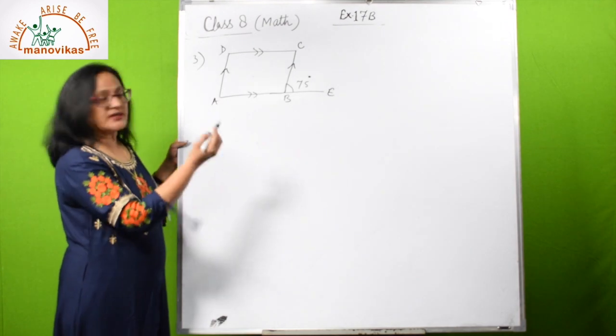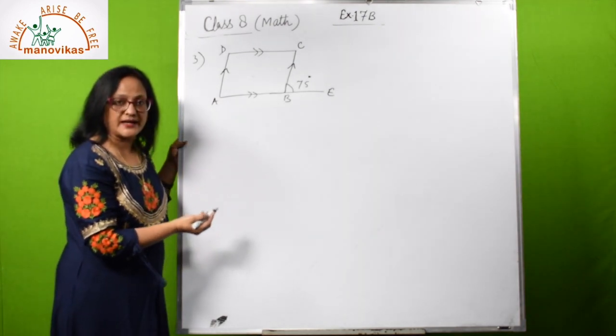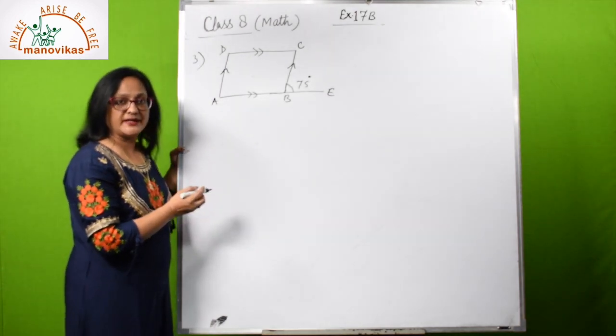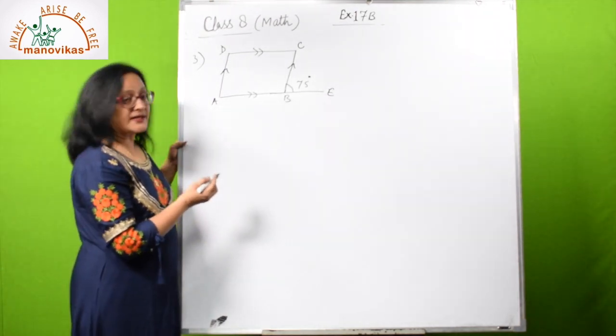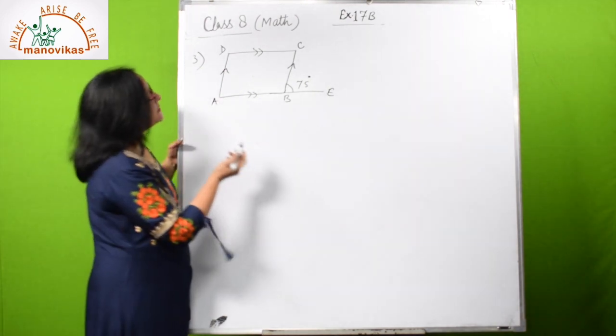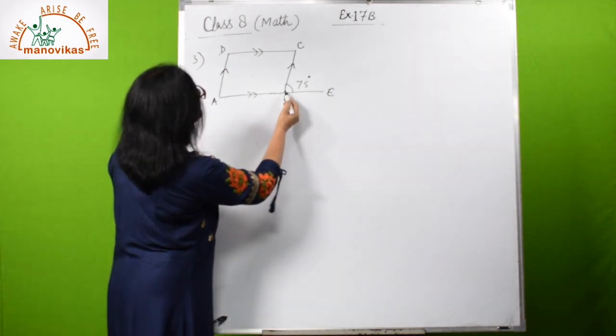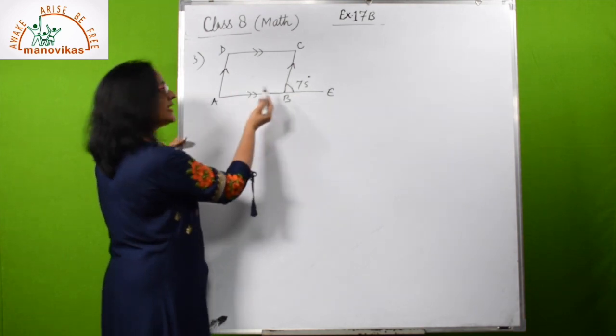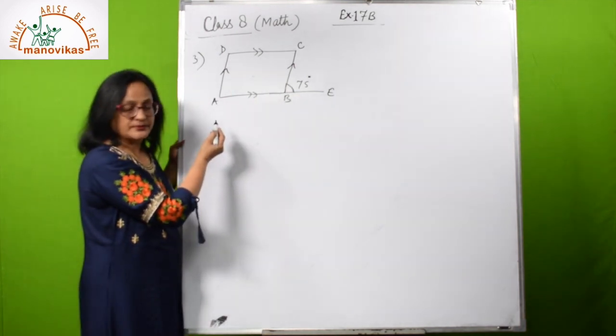And in that connection I have given you many options like linear pair, alternate interior, alternate co-interior angle, and angle sum property, all that. So same here, you have to make the connection between this exterior angle and any other angle of the parallelogram.